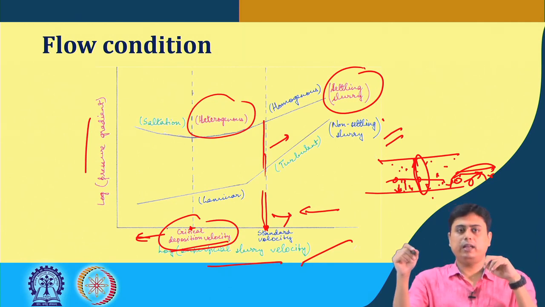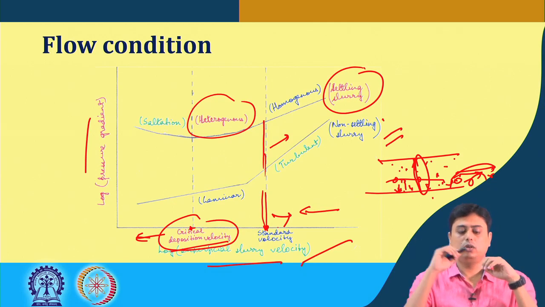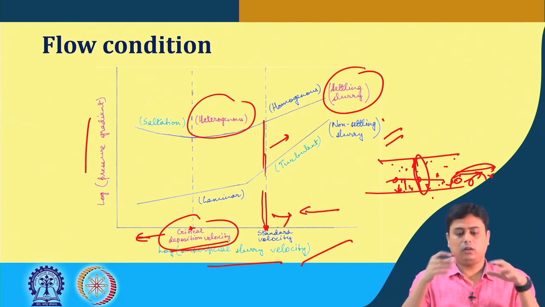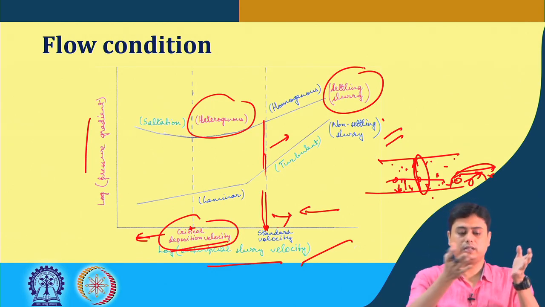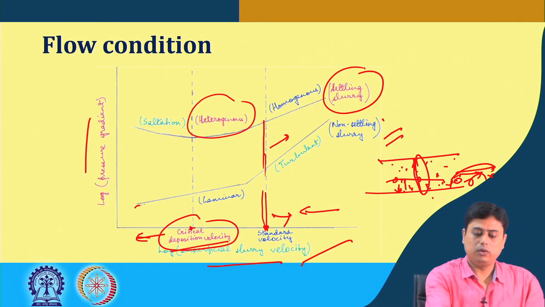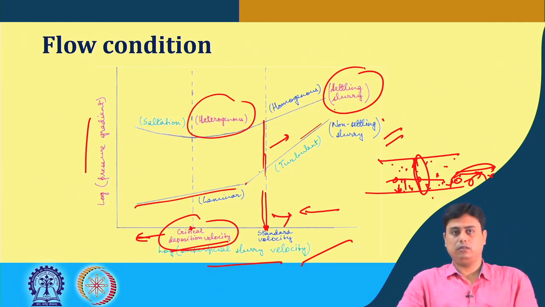At a further higher velocity, called the standard velocity, above which the settling slurries behave as homogeneous slurry, homogeneous flow. In the case of non-settling slurry, there is no point in discussing any saltation regime because it is not settling. So there are two clear flow regimes we observe, one is the laminar flow and the other is the turbulent regime.